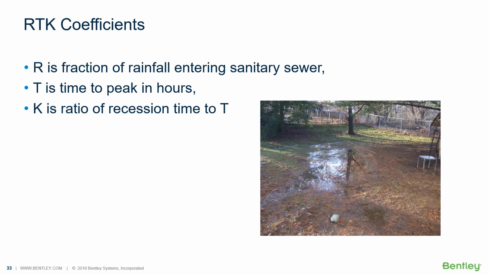Well, the peak is equivalent to the time of concentration, more or less, and it's something that you can adjust. Okay, so it's how long does it take for that rainfall to start to peak. And then K is usually just the ratio of how long the recession is to the rising limb. And in general, this is a number like 1.5 to 2 or something along those lines. So it's not too much fun to play with K.